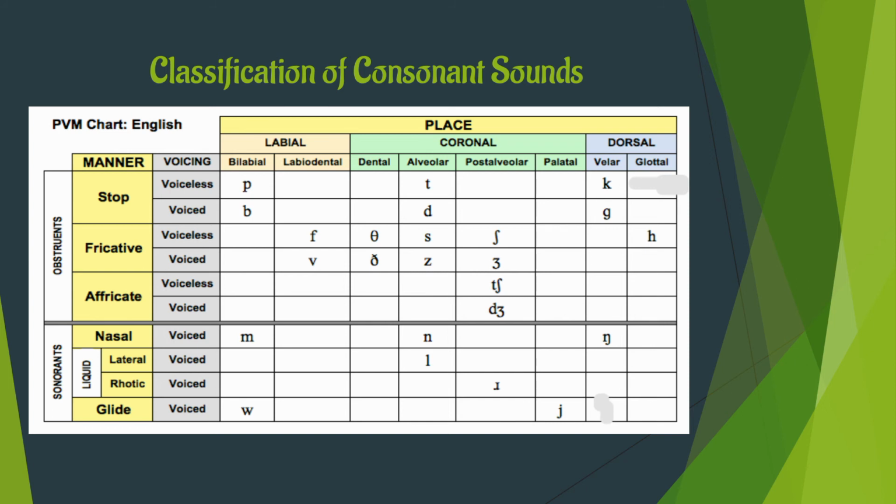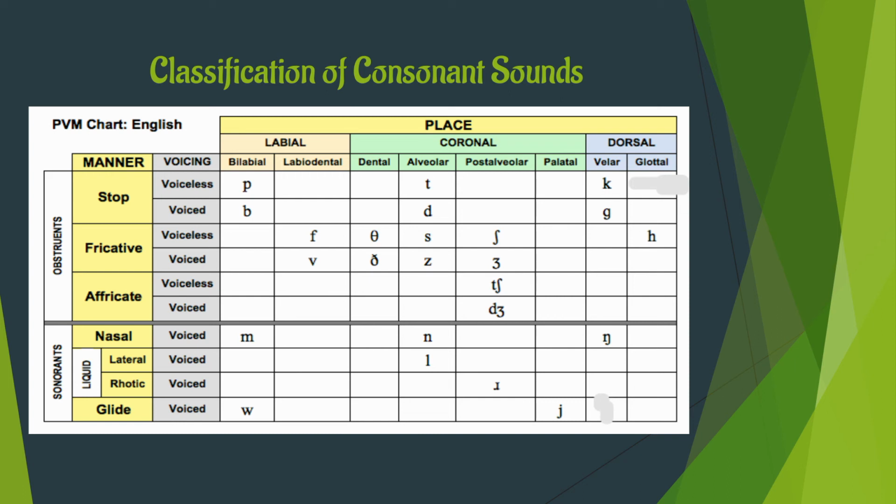Please check it. Keep your fingertips on your throat and say sh. Is there any vibration? No. So that's why it is a voiceless fricative. Now describe sh as a post-alveolar voiceless fricative.